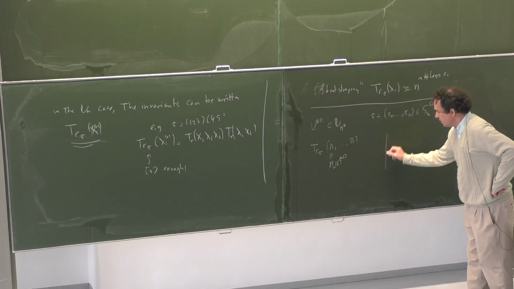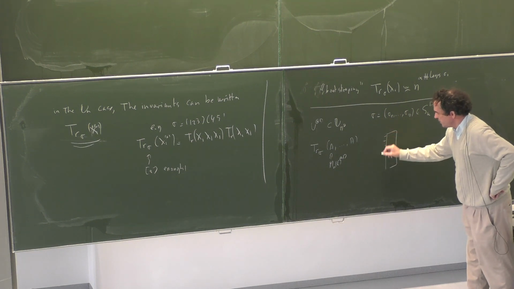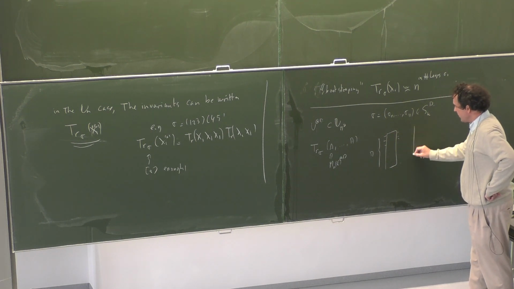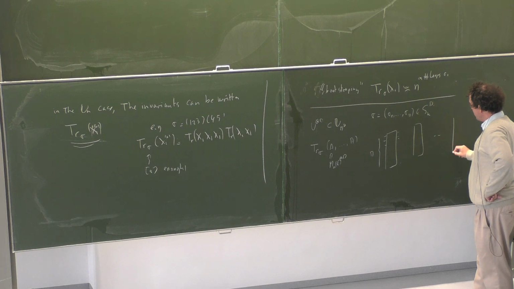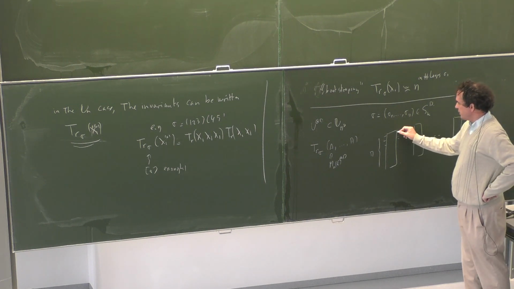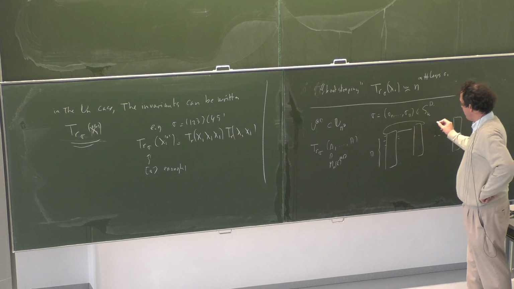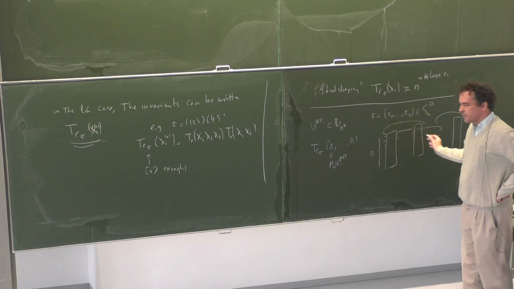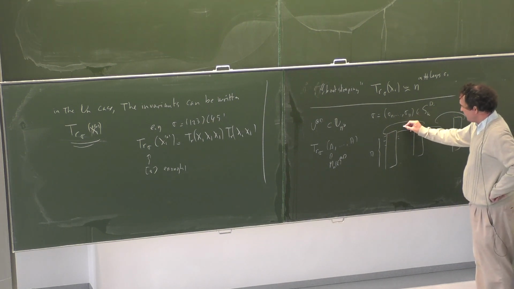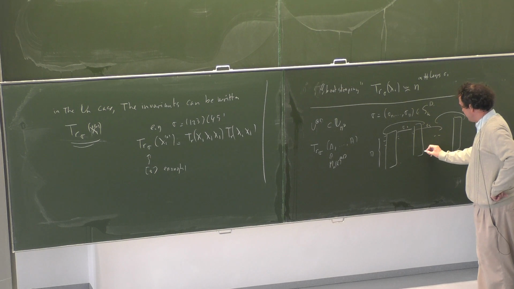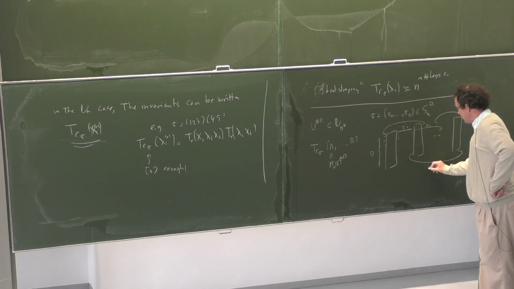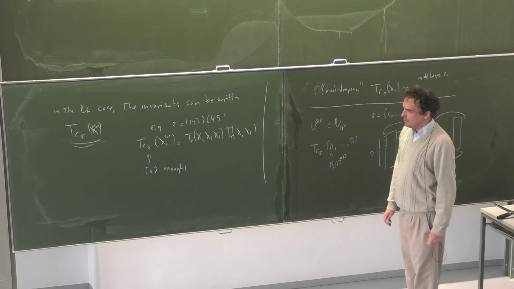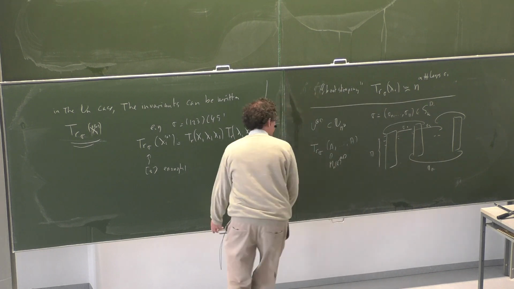It's good to represent A with D legs for input, D legs for output. And what you do is, sigma 1 tells you how I am going to connect the first leg. Sigma 2 tells you how I connect the second leg, and so on and so forth. So I would have a sigma 1 here, sigma 2 here, whatever, sigma D here.